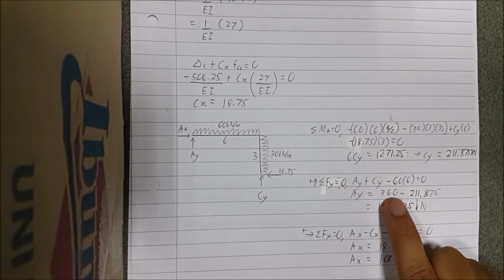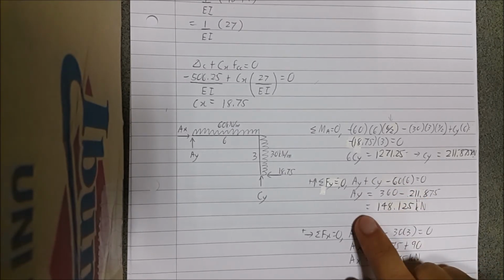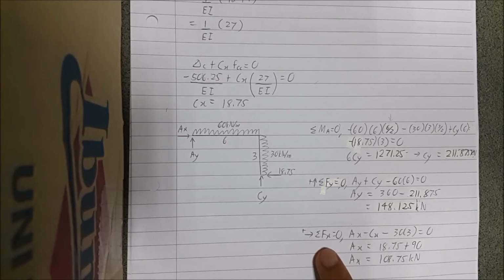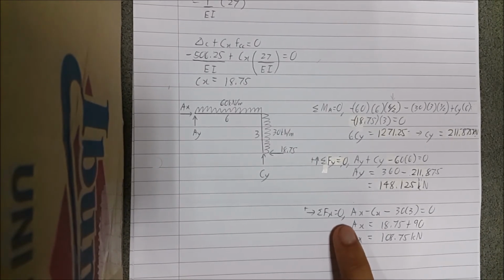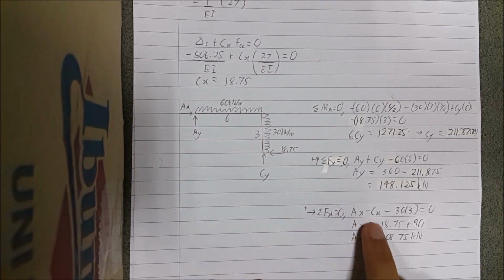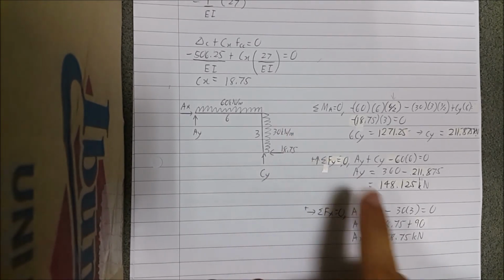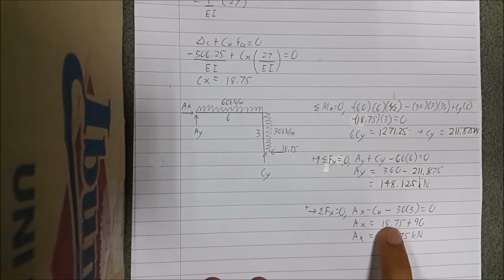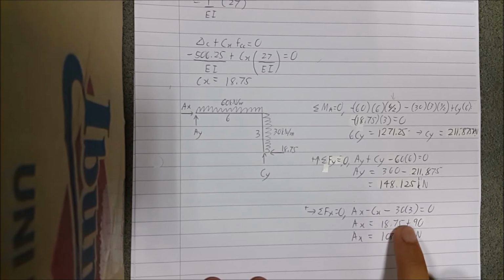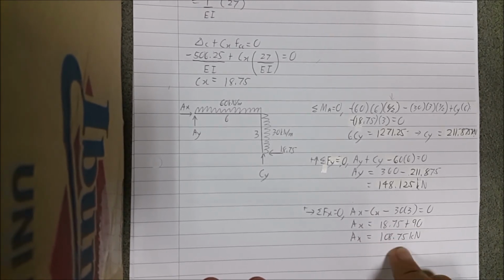So Ay equals 360, as you can see at the top here, minus 211.875, and we get Ay equals 148.125 kN. Finally, for Fx equals 0, we use Ax minus Cx minus 30 times 3, because it's UDL. Since we already have the value of Cx, it's 18.75 plus 90, and we get Ax equals 108.75 kN.